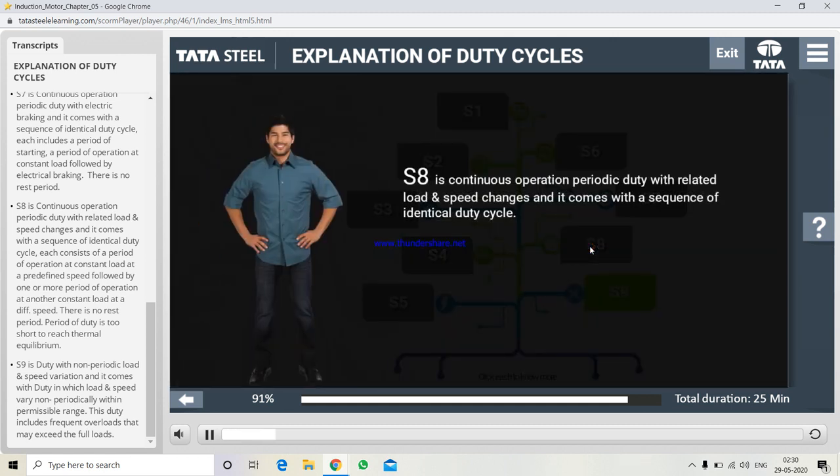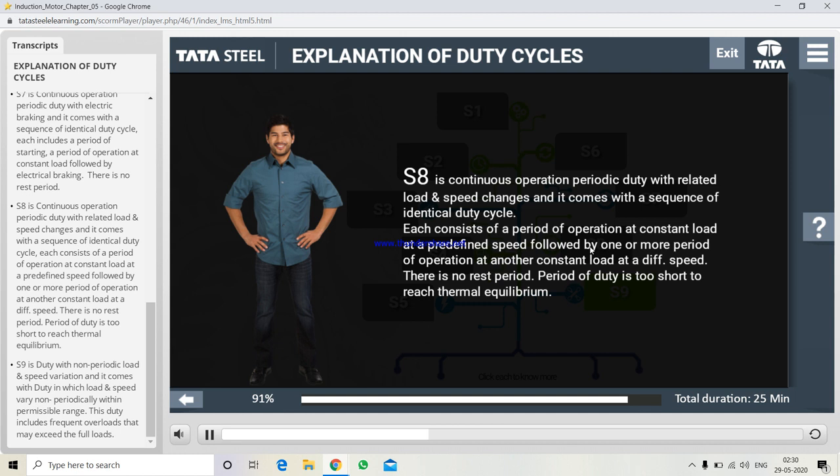S8 is continuous operation periodic duty with related load and speed changes and it comes with a sequence of identical duty cycles. Each consists of a period of operation at constant load at a predefined speed followed by one or more periods of operation at another constant load at a different speed. There is no rest period. Period of duty is too short to reach thermal equilibrium.